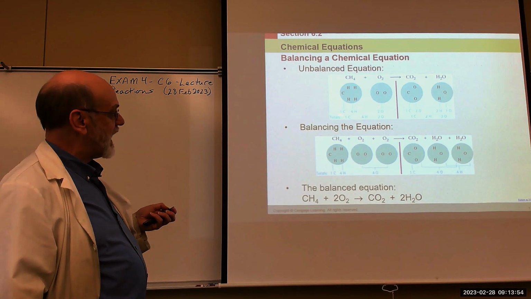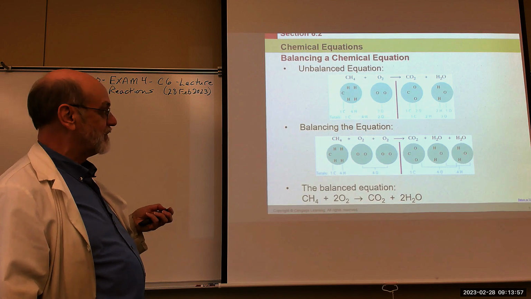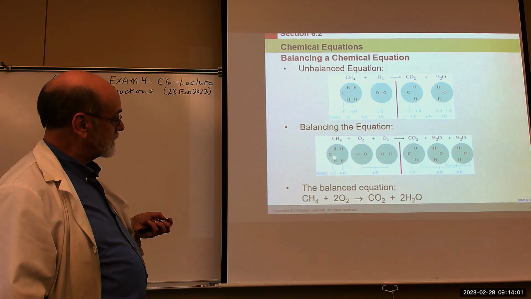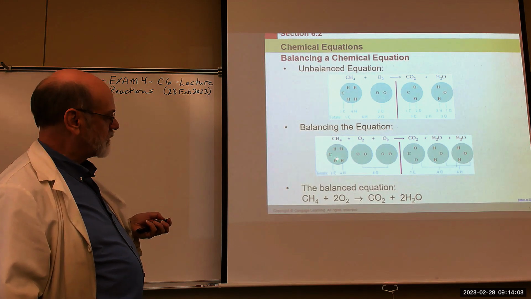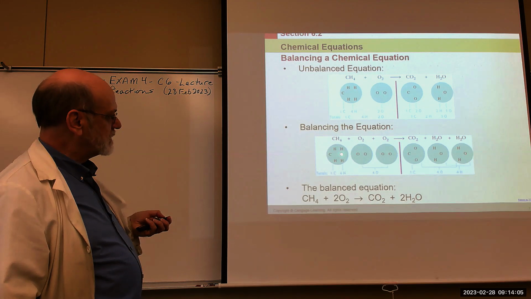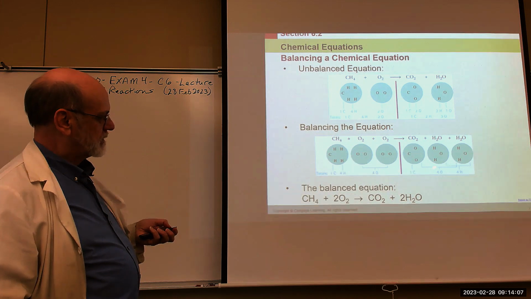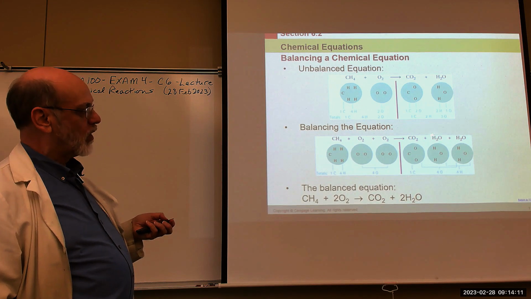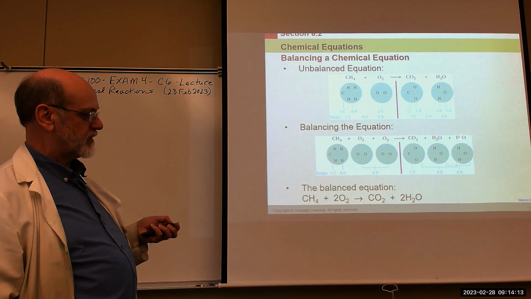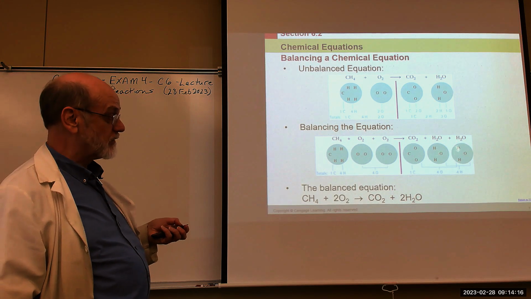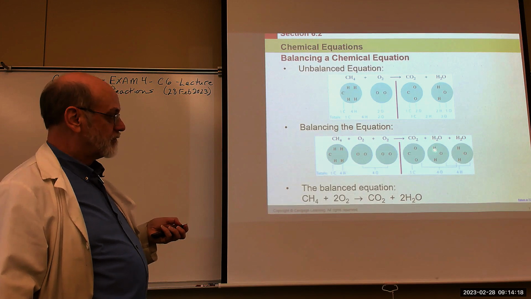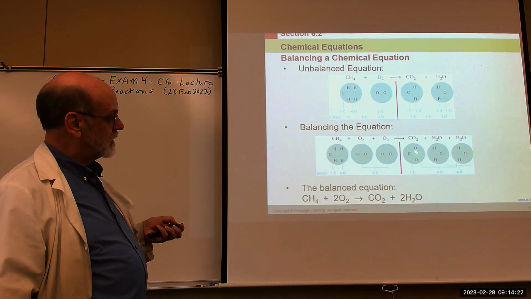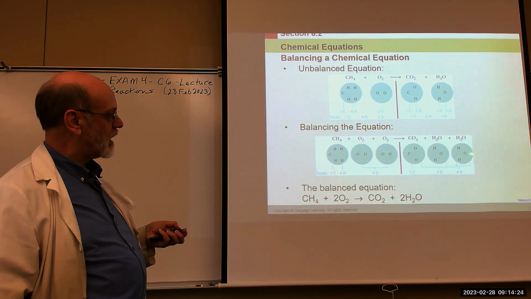If you count up the atoms of each element, you find that it's not balanced. And then when you balance the equation, what you need is the same number of carbons, but we need extra hydrogens. So in order to have extra hydrogens, we can't have just 1 water molecule. We need 2 of them. So if we have 2 of them, now we have 4 hydrogens, right? And we also have 1, 2, 3, 4 oxygens.